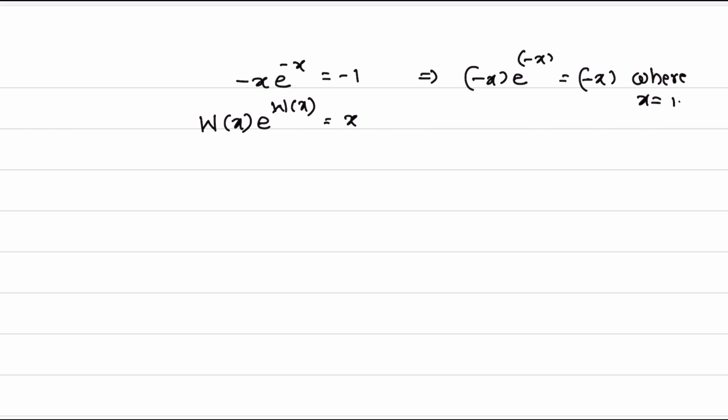Can we write like this? When we put x is equal to 1, it will be minus 1 into e to the power of minus 1 is equal to minus 1.